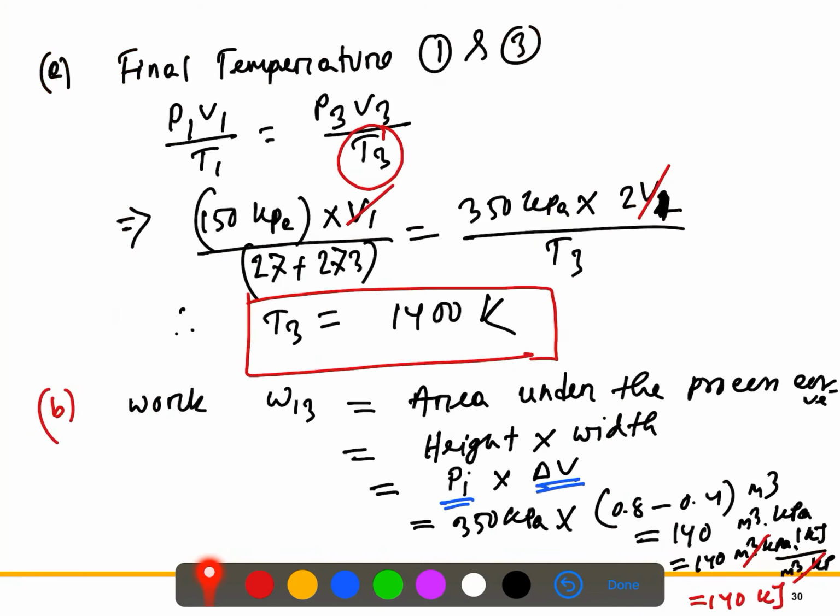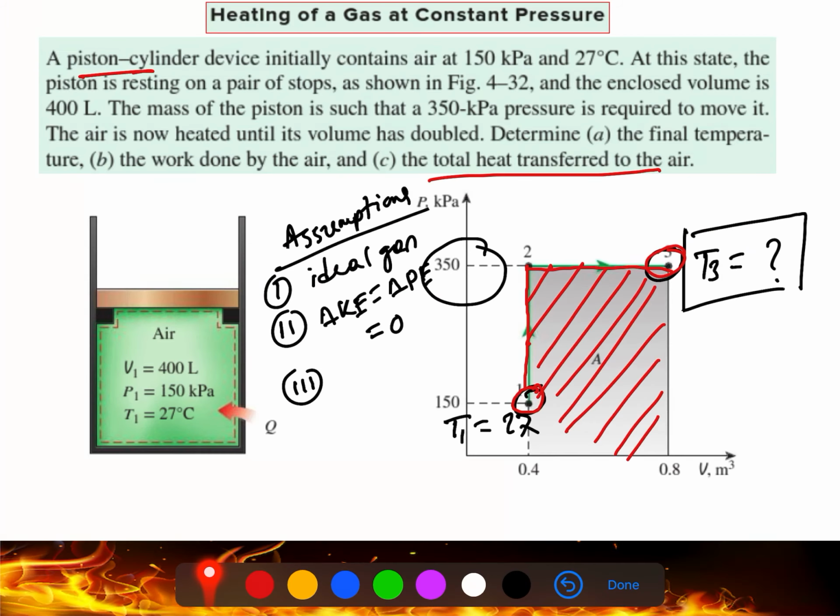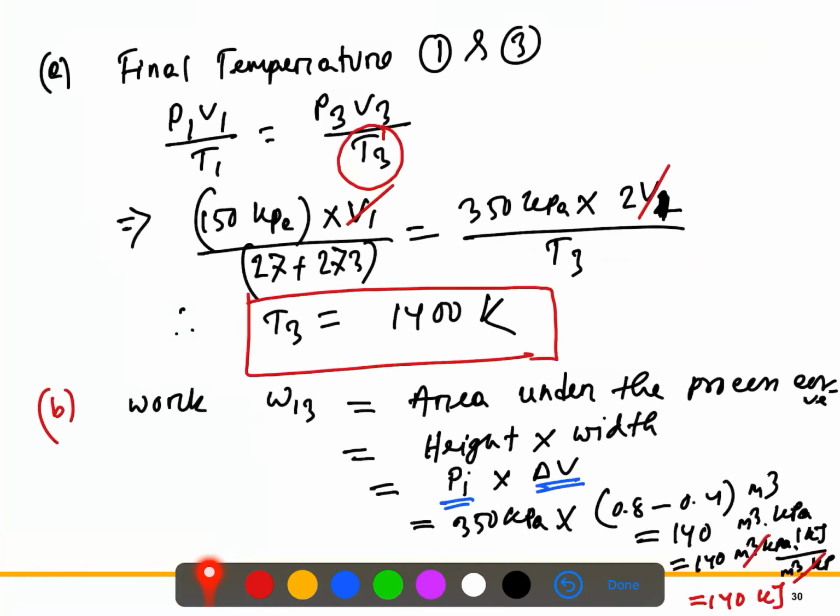If I do a quick review, guys, we used some assumptions here, and we drew the PV diagram. When we calculated the work done, initially we calculated the final temperature. We used the ideal gas relation P1 V1 T1, P3 V3 T3. Everything was known, so we got T3.